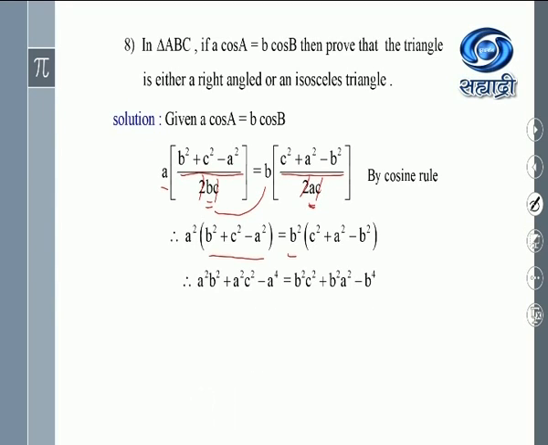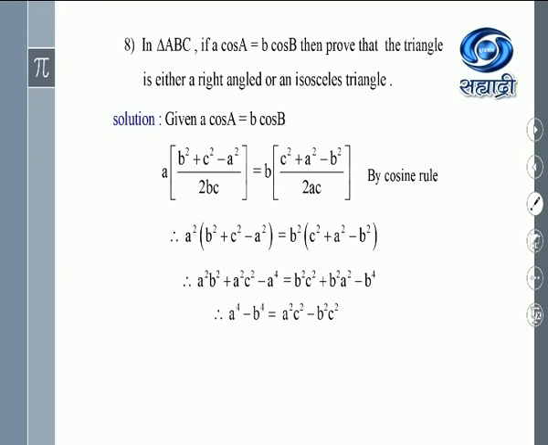Now we open the bracket. This is A square B square, then A square C square plus, and A square minus A square is minus A raised to 4, and on the other side RHS is equal to B square C square plus B square A square minus B raised to 4.